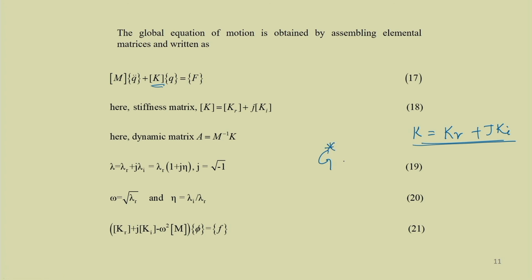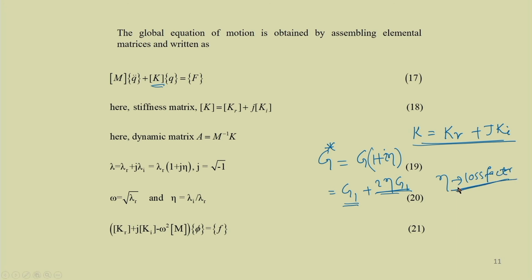So, G star equal to G 1 plus i eta. This G 1 is the storage modulus, and this part is known as the loss modulus, and this eta is known as the loss factor.